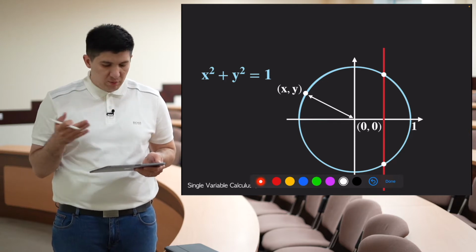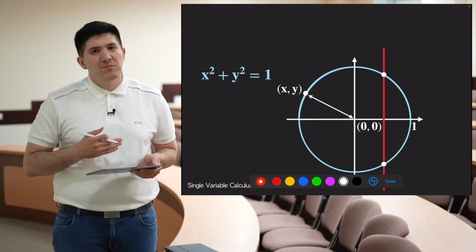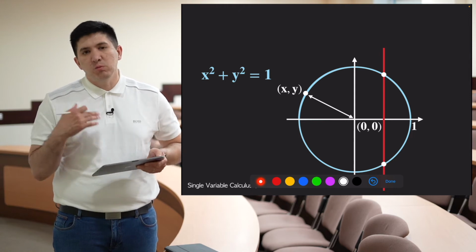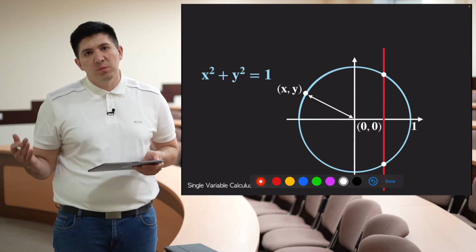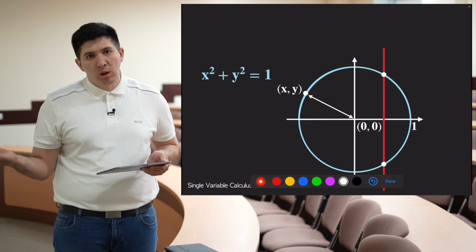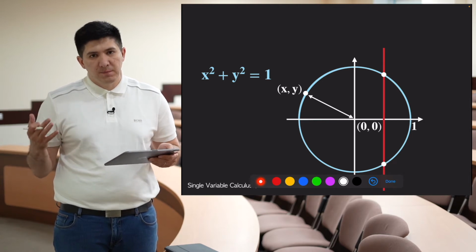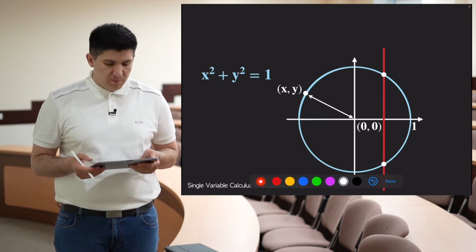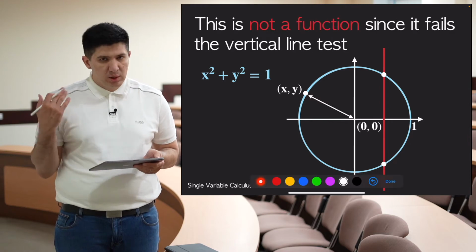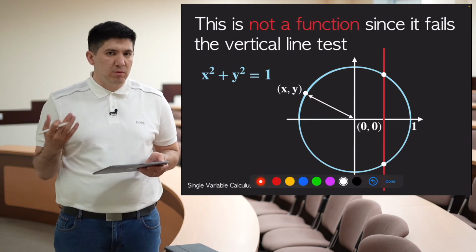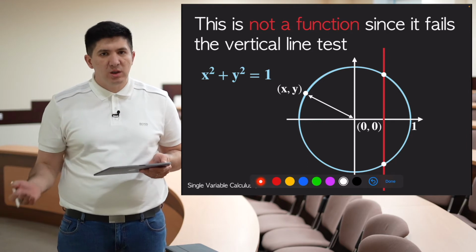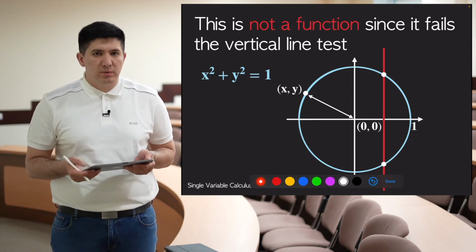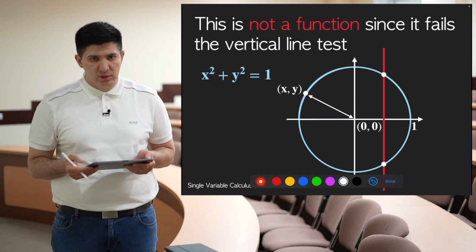For this circle, you can have many such vertical lines, but just one vertical line passing through your curve more than once is enough to not call this curve a function. So the equation of a circle fails to be a function, and we can't really use the techniques of calculus for single-variable functions anymore.